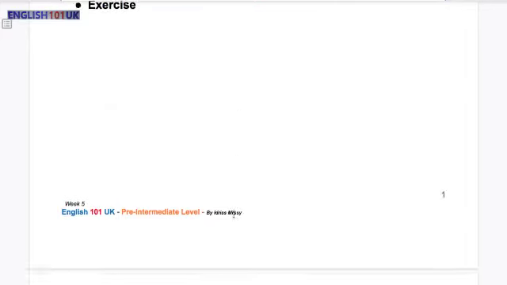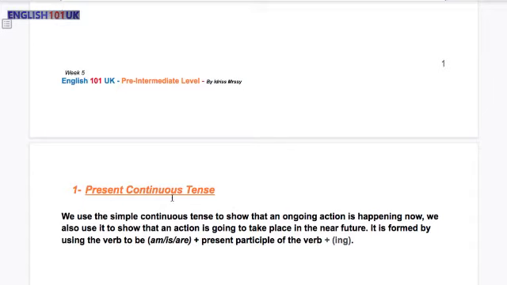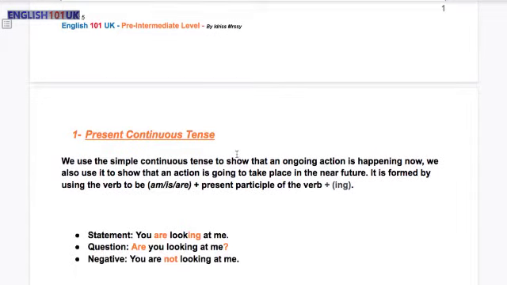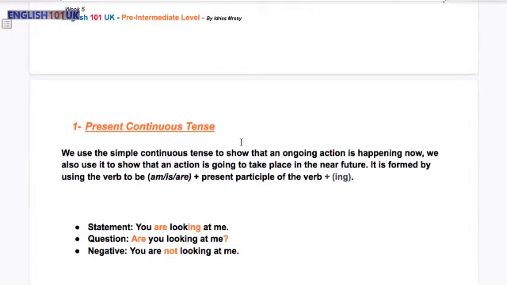First, let's do the present continuous tense. What is a present continuous tense? How do we use the present continuous tense? First, we use it to show that an ongoing action is happening right now. We also use it to show that an action is going to take place in the near future.